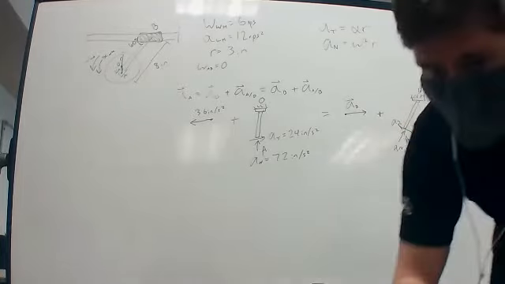Plus, with this being 60 degrees, we would have the sine of 60 is going to give us the vertical component. So we'll say plus alpha AB times 8 inches times... sorry, they say cosine. Why do they say cosine?